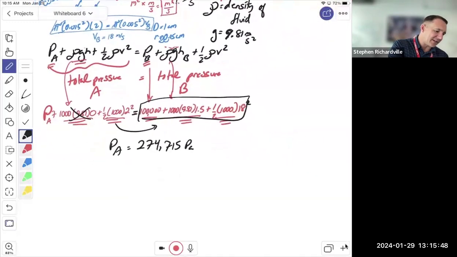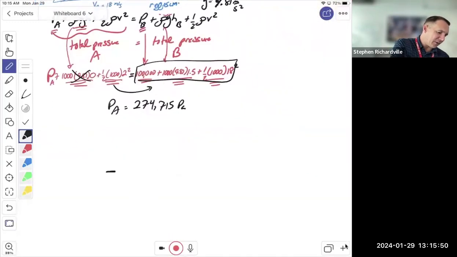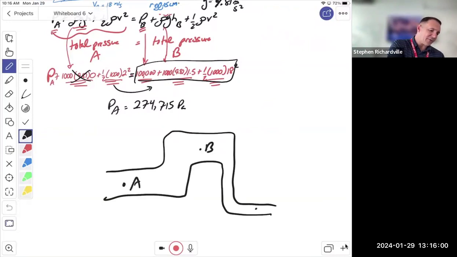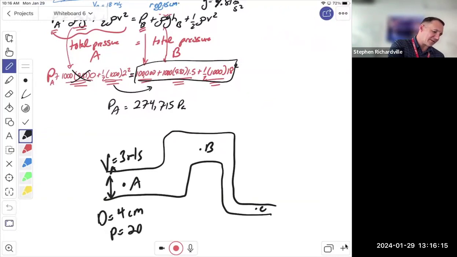Now, what you might see on the test again is some kind of curvy pipe that looks something like this. The first move to do, if this is point A, B, and C, if you have to find, say, you get the velocity at A is 3 and the diameter is 4 and the pressure is 200,000 pascals.